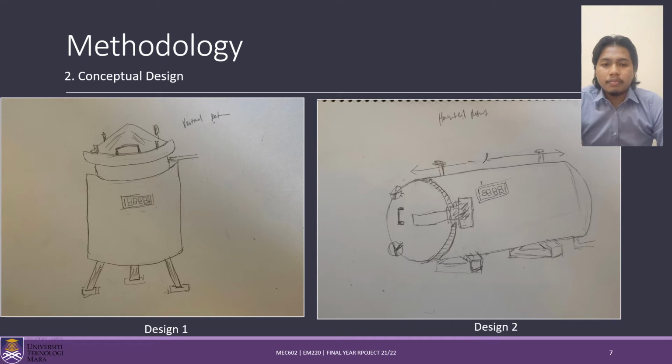After the product design specification has been established, several conceptual designs can be generated from the literature study. As you can see here, there are two conceptual designs, which are design 1 with a vertical retort, and design 2, a horizontal retort.